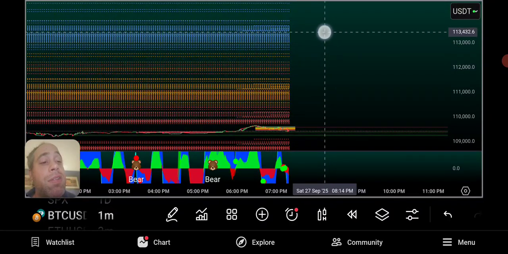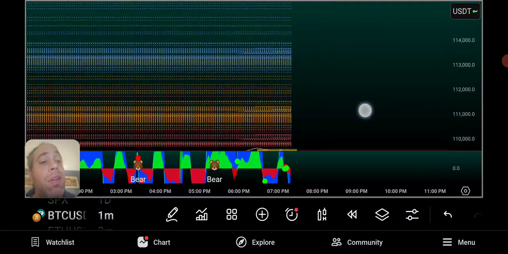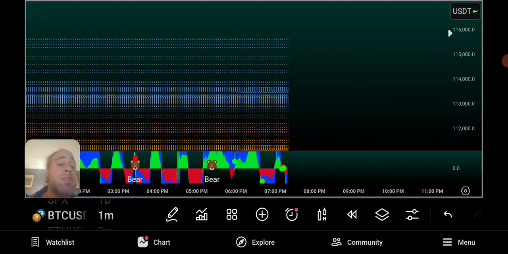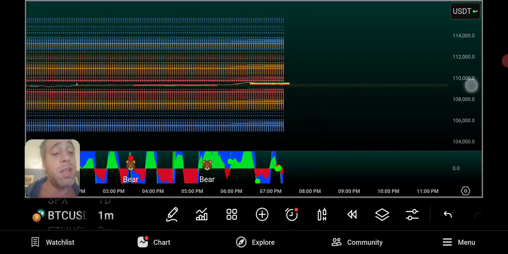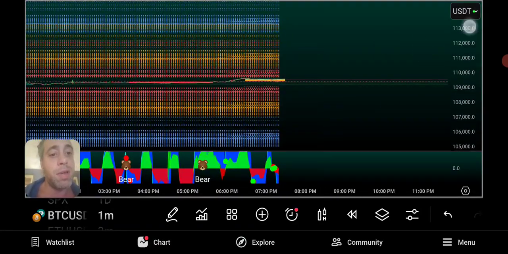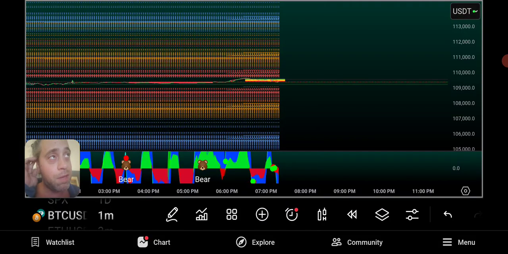Another pretty thick cluster of 50x at 113.5 roughly, and then thin above that, so I wouldn't expect really any moves above 115. All right, so that's your immediate range, guys. That's what I would look at going into the weekend for now.